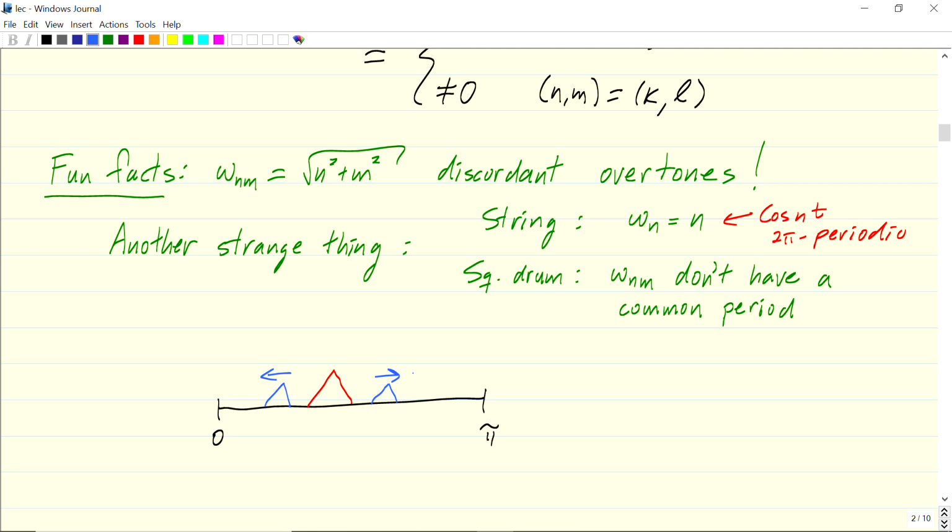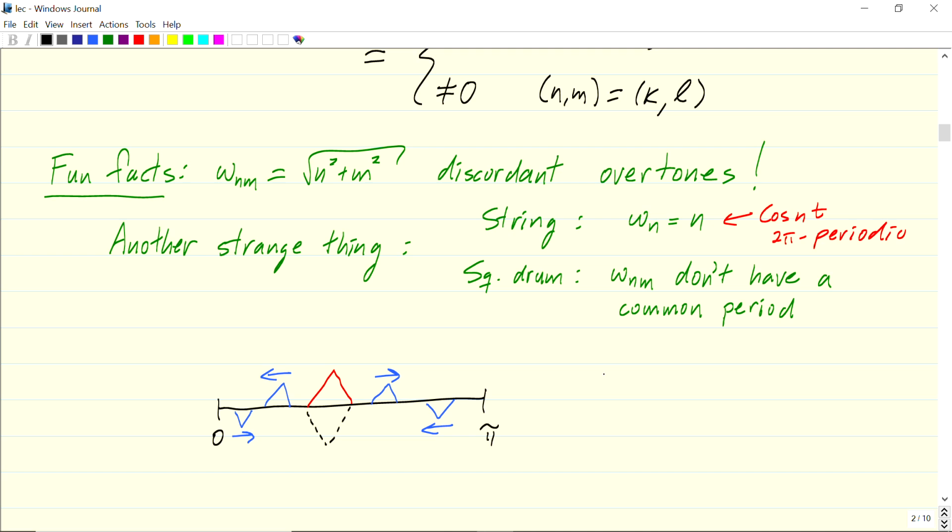But they head off toward the edges. When they hit the pinned down edge, they reflect and come back. And then when they get to the middle, they would make a perfect repeat upside down. Then they'd go through each other and go the other way, reflect again, and come back and repeat the red thing. So that red picture gets repeated.